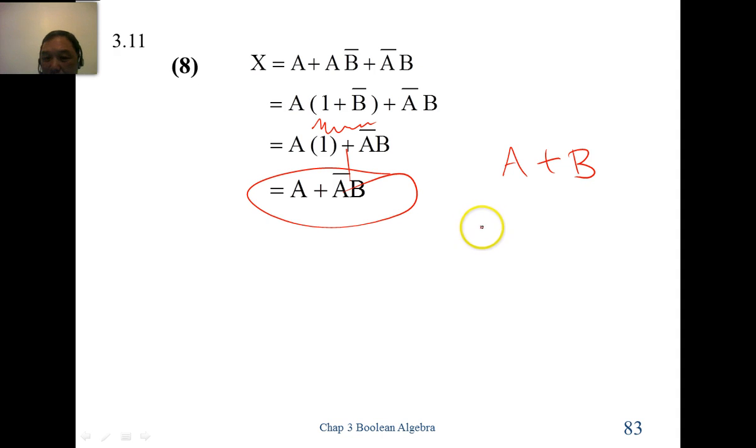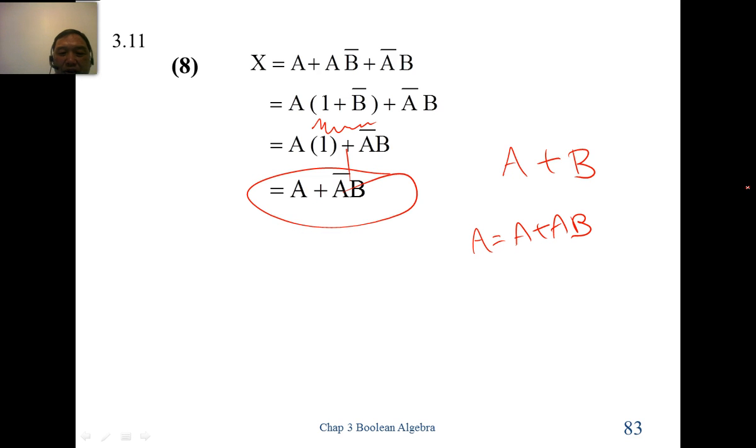Remember this? Remember last time we learned A is equal to A plus AB, right? Okay. So A plus. Now we have this A plus A bar B, okay. This guy can, answer is A plus B.